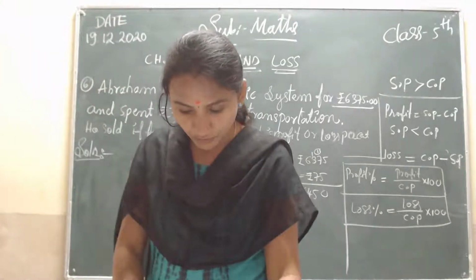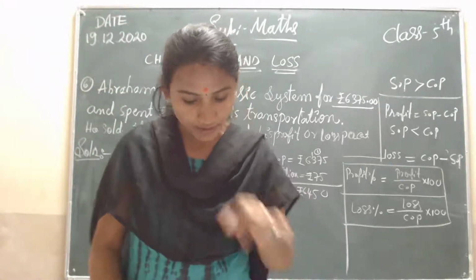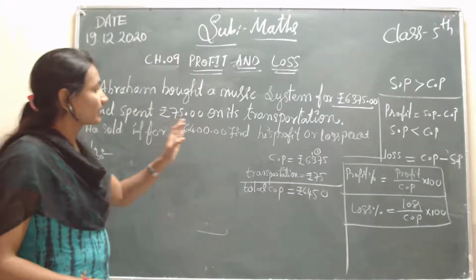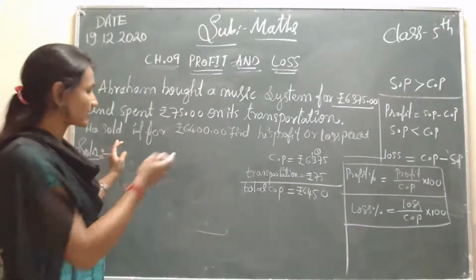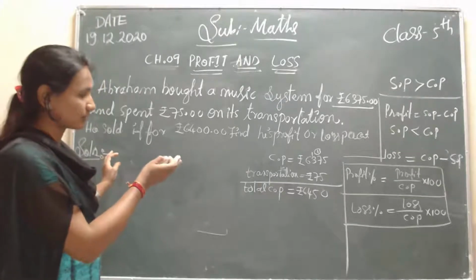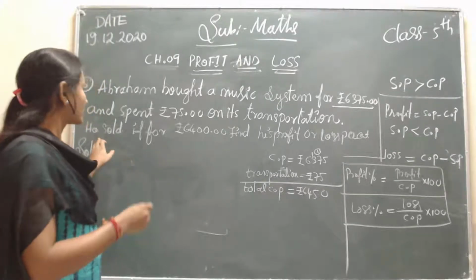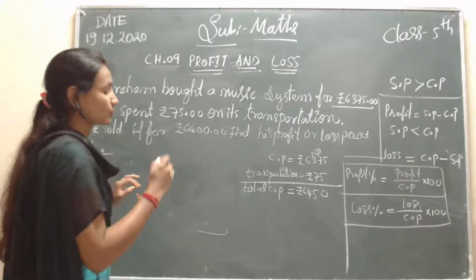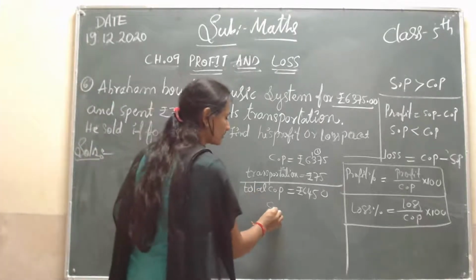What is next, can you see, students? Next you have to write the value. The transportation money, the 75 rupees, we have already added. So the total cost price is already written. Then what he sold it for, yes, sold means SP. What is the value of SP?